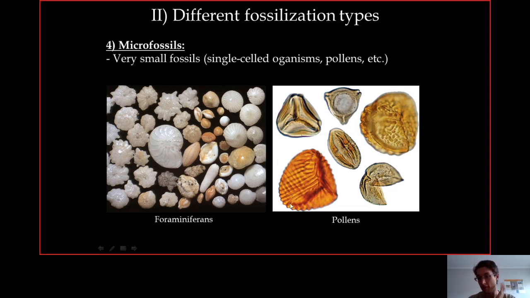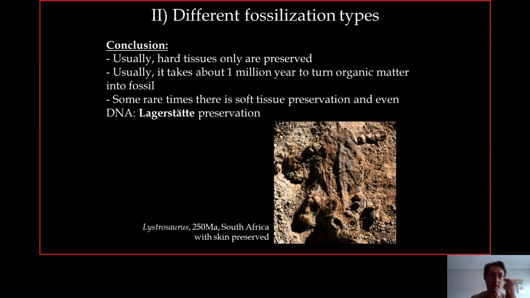It's still proteins. So sometimes the small specimens have a different type of fossilization process, and that's why they are categorized into microfossils. They have a category on their own because their small size makes them different, chemically speaking. So you have pollens, and you have foraminiferans, which are microscopic shells made by single-cell organisms.